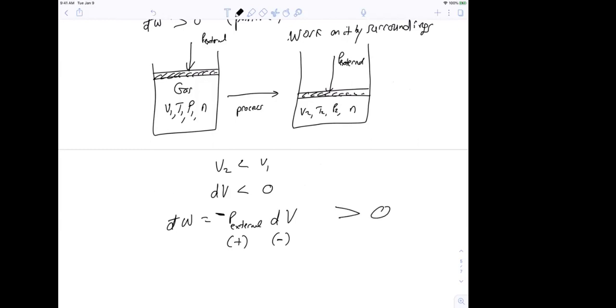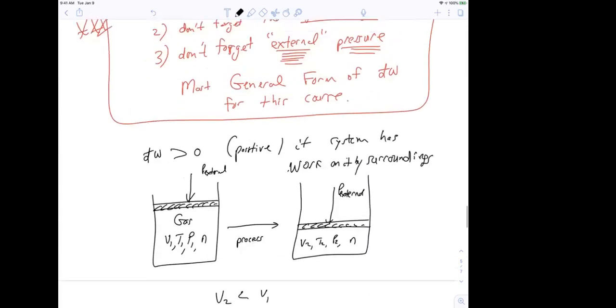So in this case, dW is greater than 0. Okay, and over the process then, the total work will be greater than 0. And that's because the surroundings, as represented by this source of external pressure, has done work on the system to compress it. Okay, and so that's how this negative sign takes into account our sign convention.